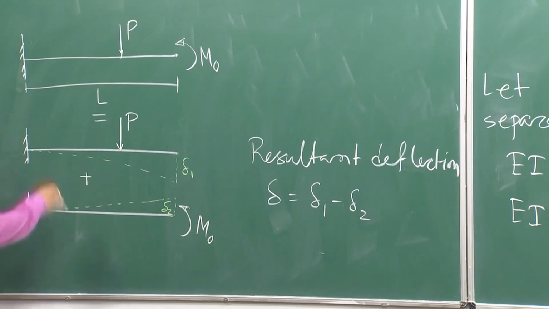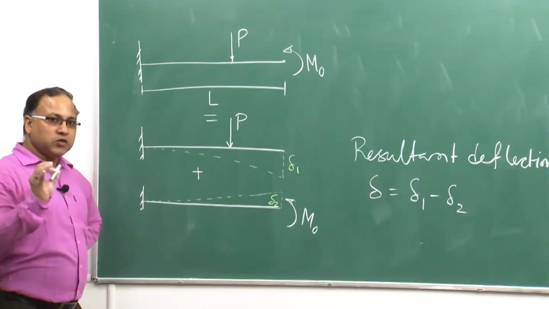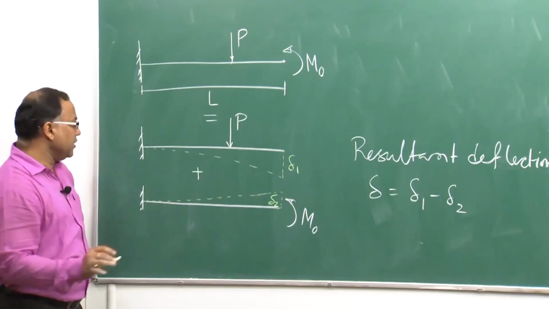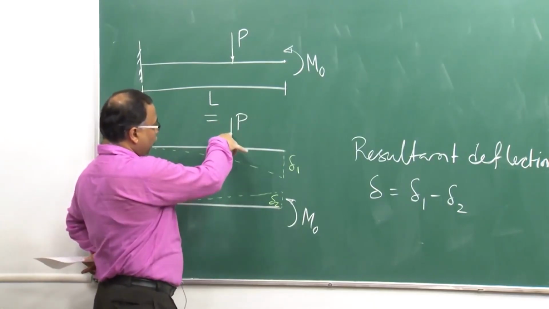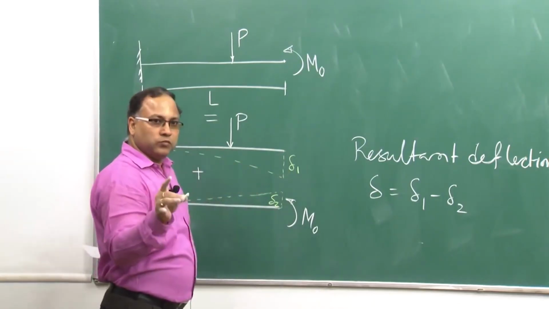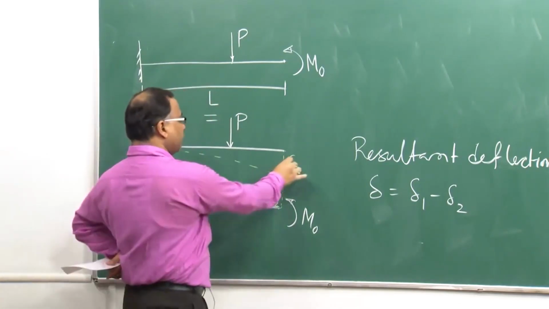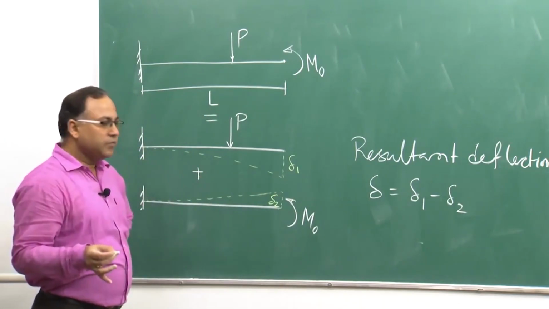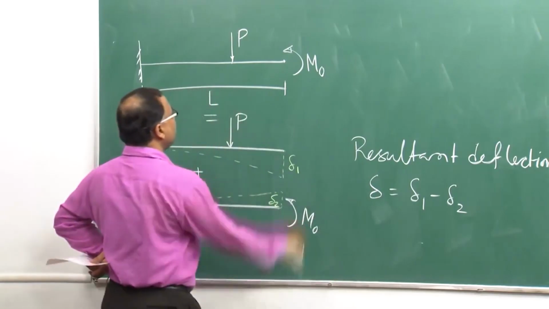Now, if I consider this one basic system and this another basic system, and if I know the solution, by following the same process like the moment curvature relationship, if I have a cantilever beam with a concentrated force like this, the delta 1 value I know beforehand, and if I know the delta 2 value under this kind of situation beforehand, then I just put them here to get the resultant delta which is applicable for this system.